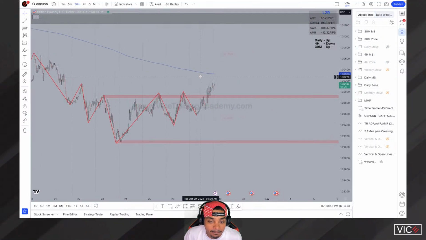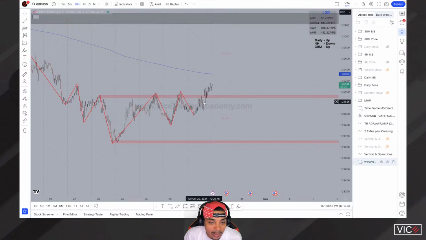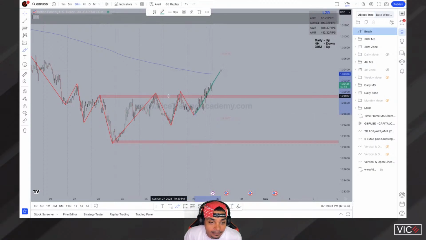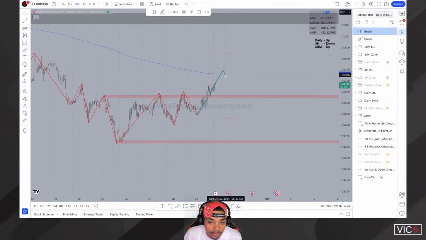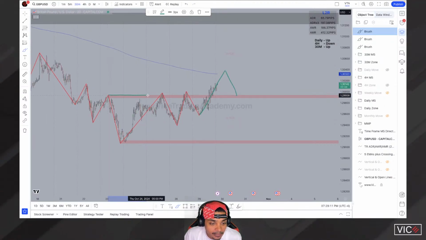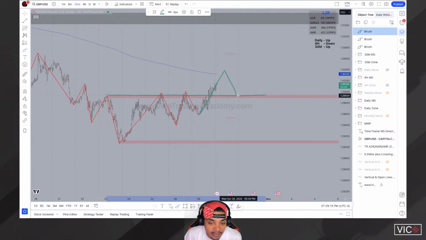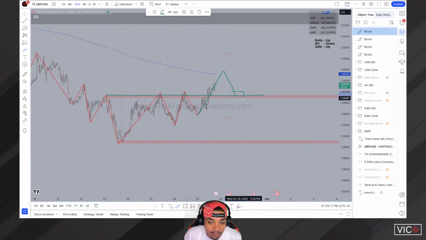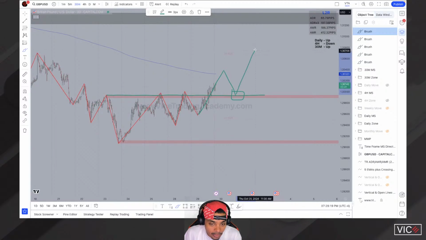But I want you guys to notice where I'll be looking for price to come back to. Price makes that new higher high, right? It needs to make a higher low. So when price comes back down here and retests where price changed character from, that's where I'll be looking for my entry to continue to go up.